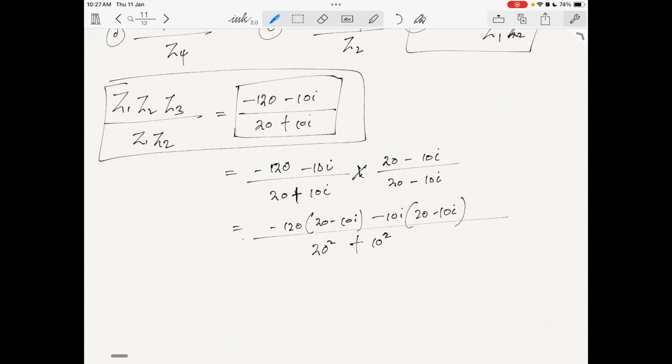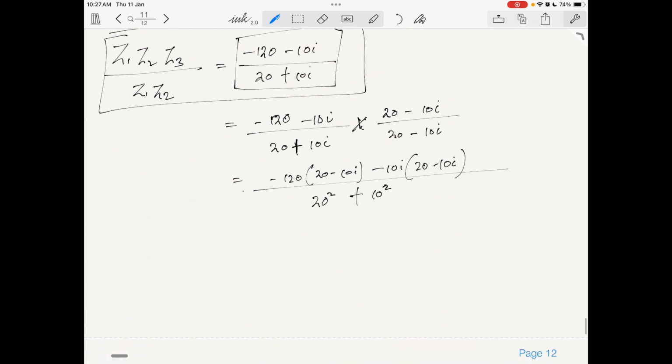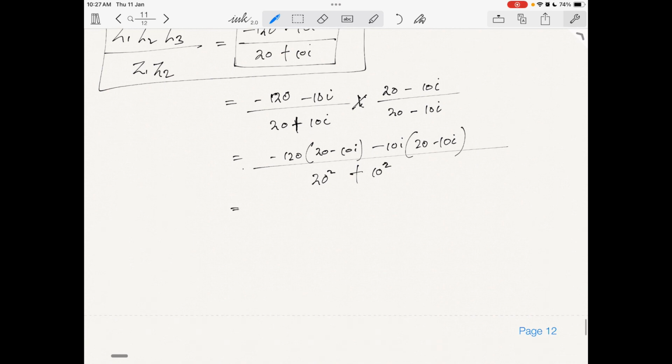You can as well just follow the normal multiplication process. So let's do this in 2 minutes, and we'll wrap up this video.